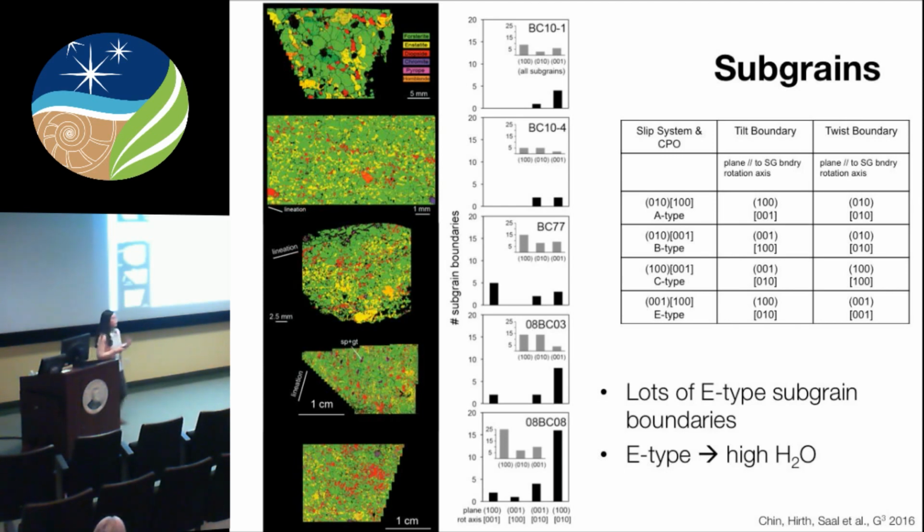And the E-type fabric, or that LPO, has been shown to be one of these hydrous slip systems that are activated when you have elevated water content in the olivine. So unlike what we could just tell from the bulk LPO, those pole figures I showed you, this sort of analysis can really reveal a lot more information, particularly in xenoliths, which are challenging to do EBSD on.